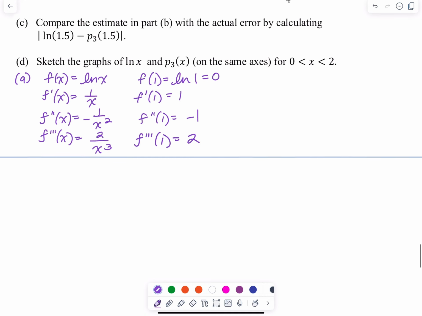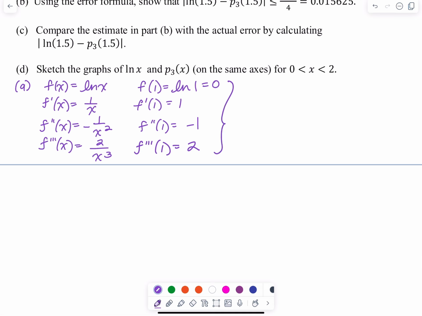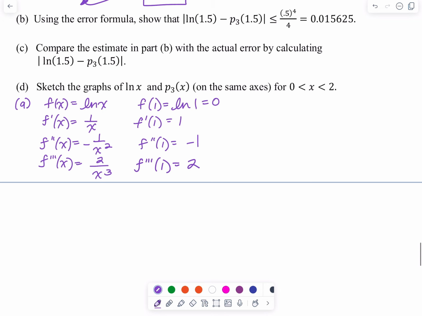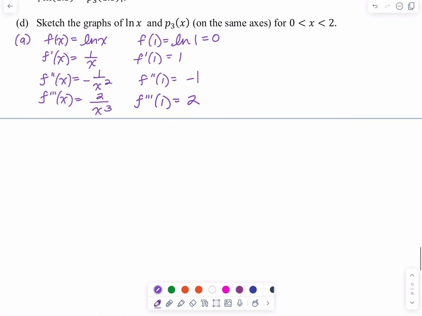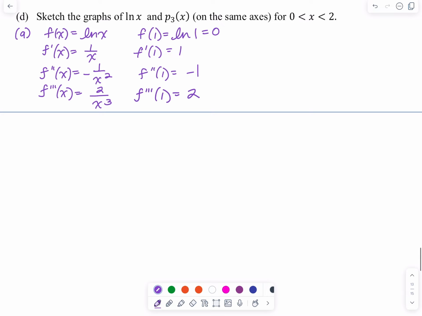So what we have is P3 of x equal to 0 plus 1 over 1 factorial. Whoops, I'm going to have to write this below because we have x naught equal to 1. So we will have those factors. So therefore, P3 of x is going to be 0.